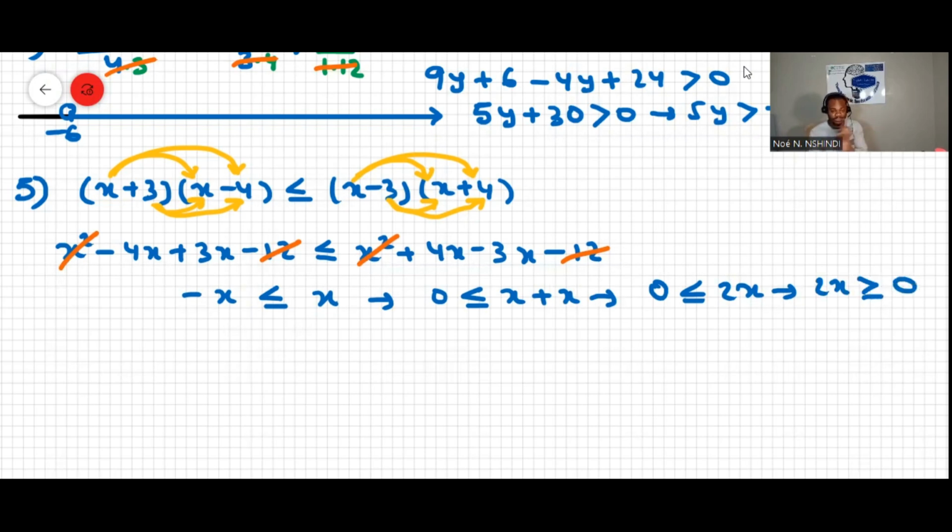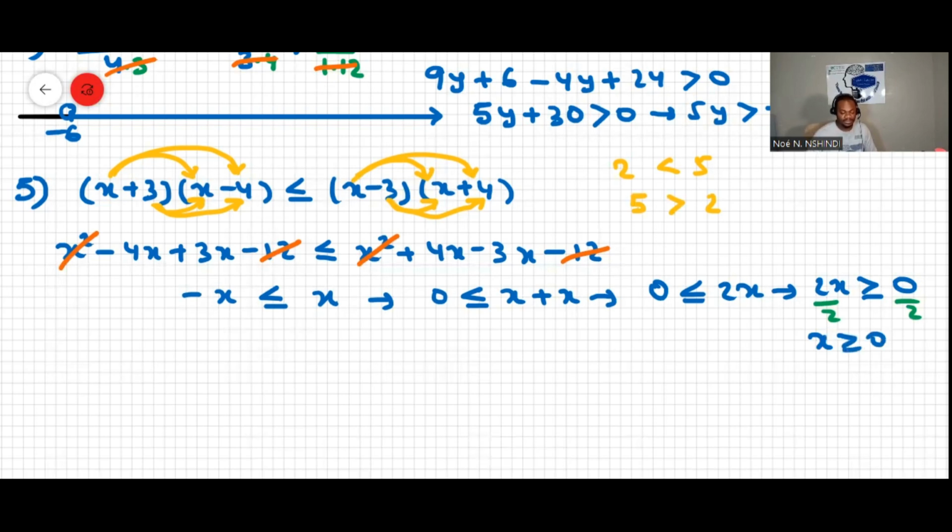If I reverse the equation, the inequality will also be reversed. Let me give you another example. If you have 2 less than 5, and then if I reverse it, it's going to be 5 is greater than 2. So in this case, we reverse the inequality. So we divide by 2 on both sides, and x will be greater than or equal to 0.